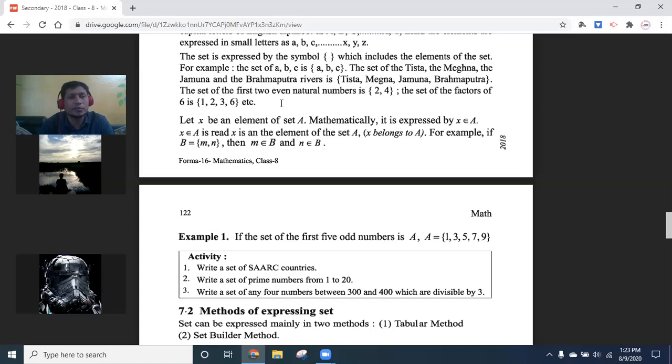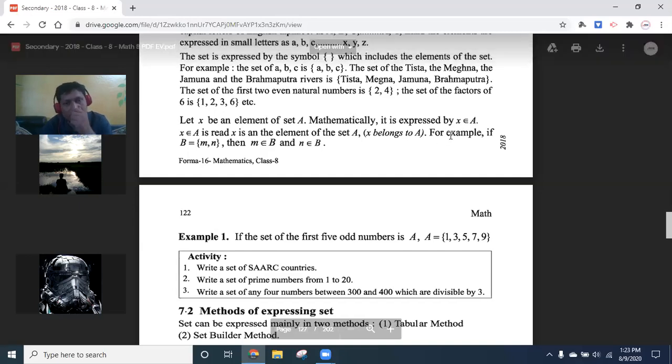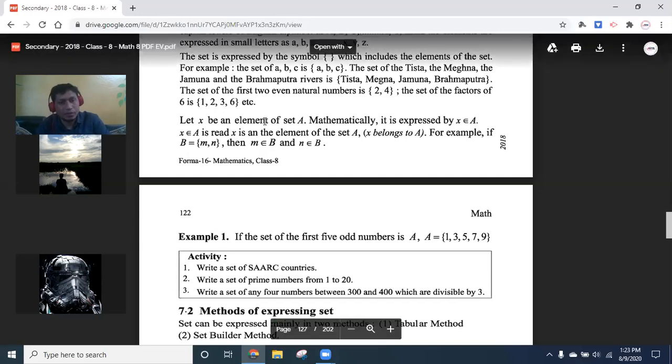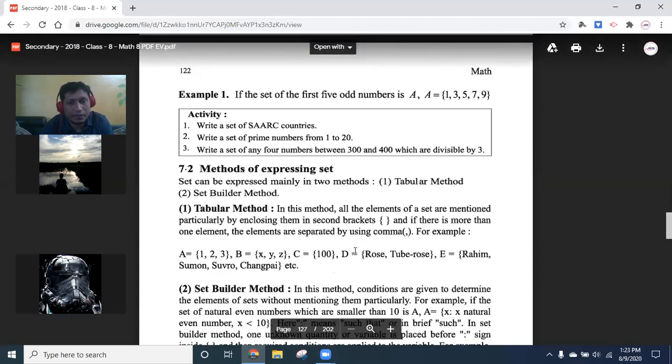And every set must have a name. We can give a name, for example the set of factors is F. So F equals 1, 2, 3, 6.